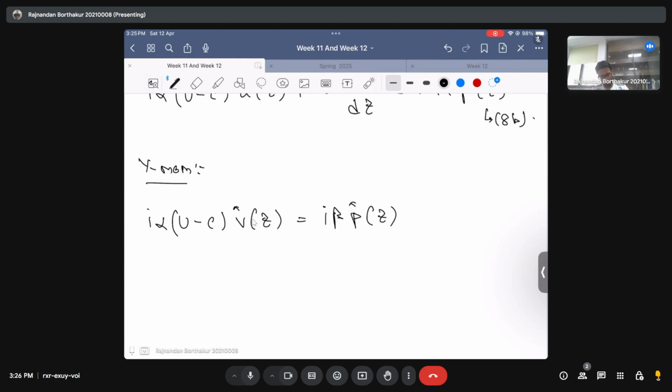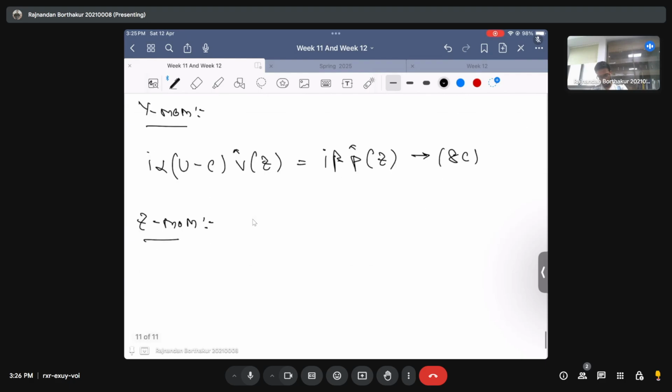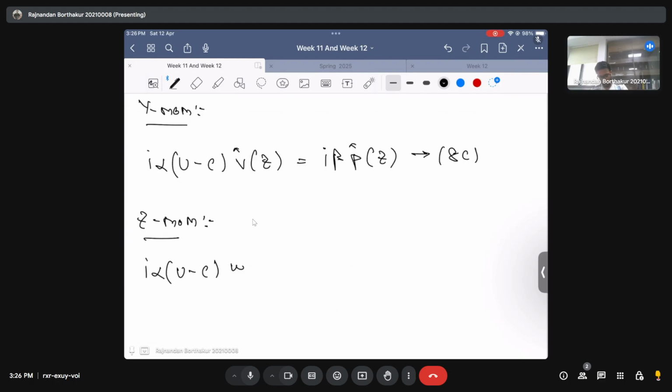This is the y momentum equation. I'll write it as equation 8c, and then also I have the z momentum equation, which is i alpha times (u minus c) times w hat of z equals minus dp hat by dz.